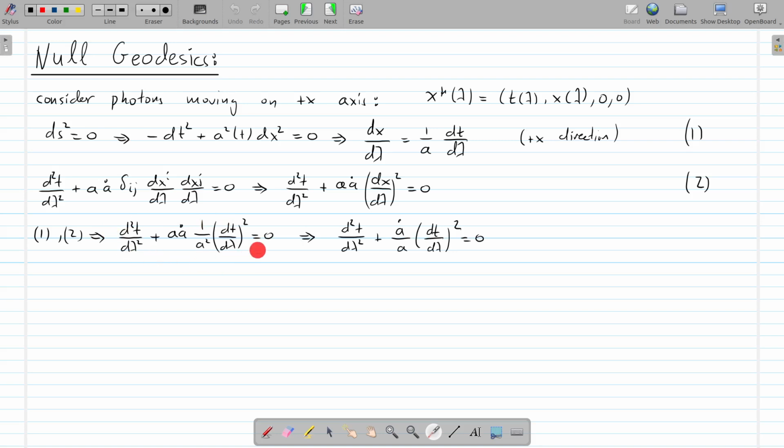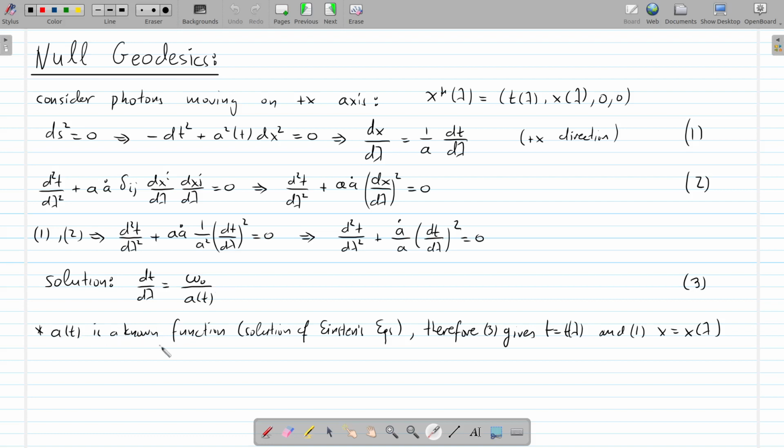So we have this equation here, and this gives us this differential equation of t as a function of lambda. The solution of this equation is easy to compute. Just substitute to convince yourselves that omega_0 over a(t) is the solution of this equation. Omega_0 is an arbitrary integration constant.